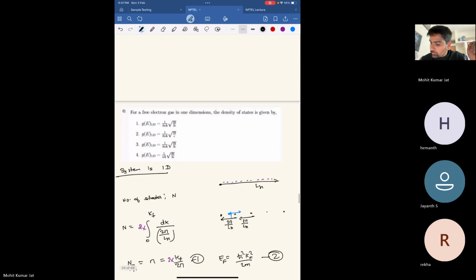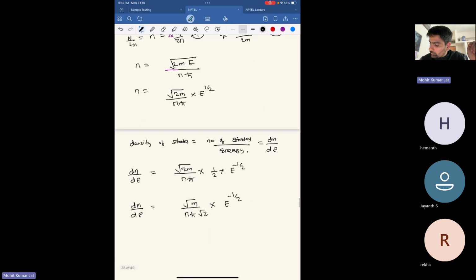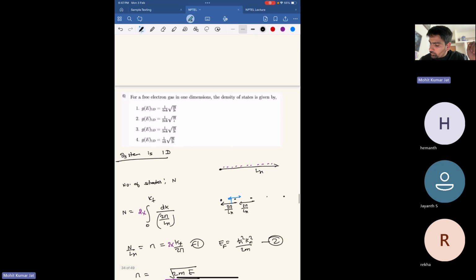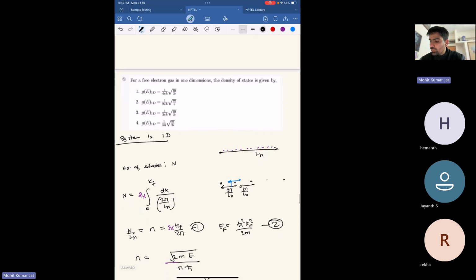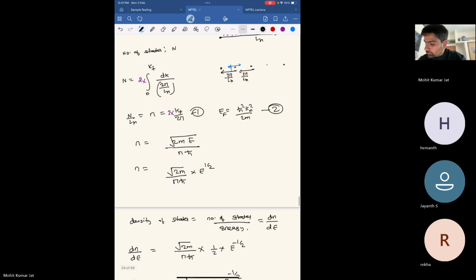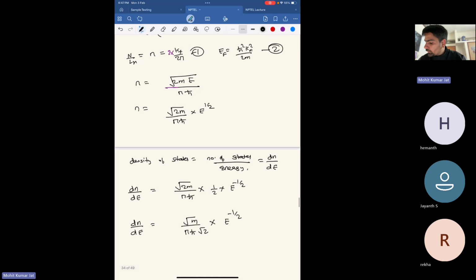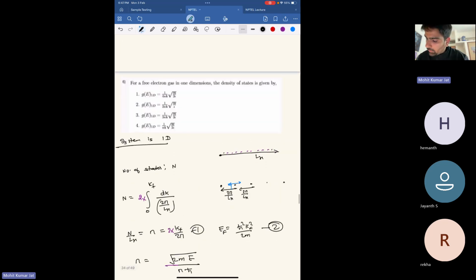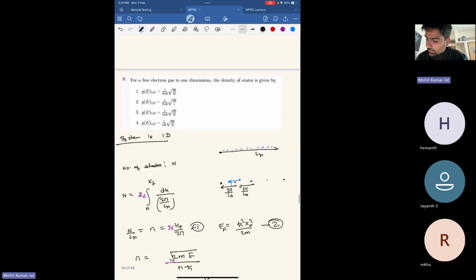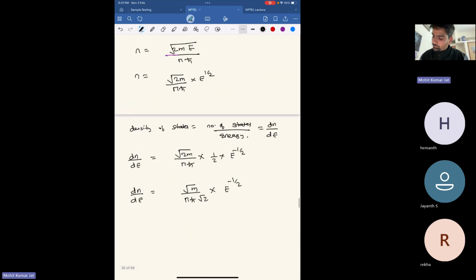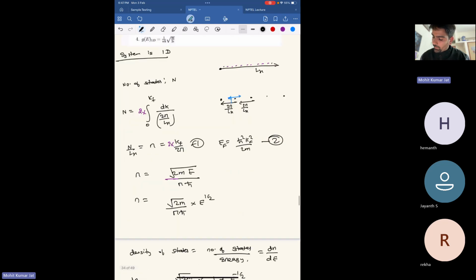If you look at the options, this is E to the power minus half. Two options are there where E to the power minus half is present. Let me write it in the form they have. They write m and E inside.